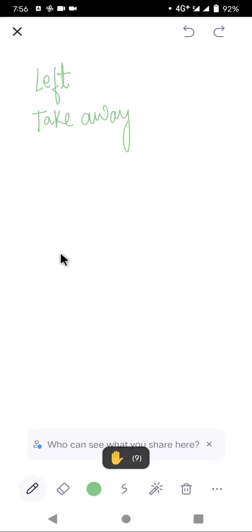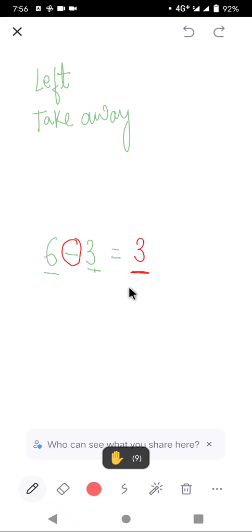Suppose I have 6 balls and I need to take away 3 balls from 6 balls, then we need to put the subtraction sign. 6 minus 3 is equal to 3, so I am left with 3 balls only.